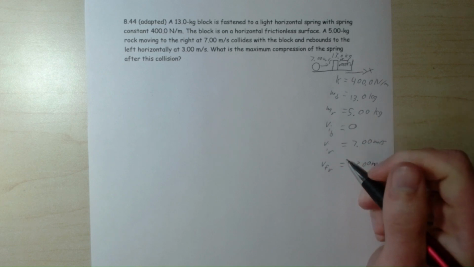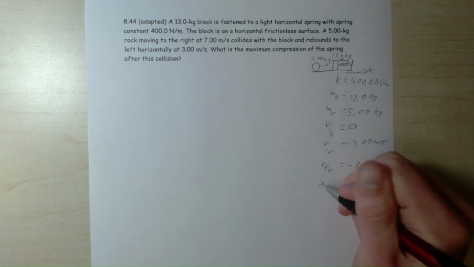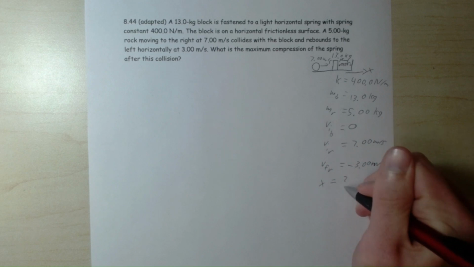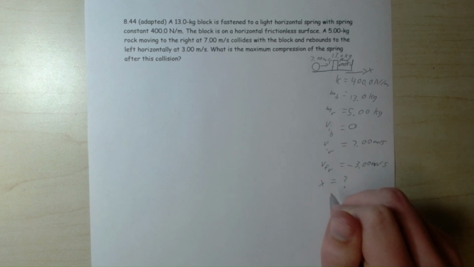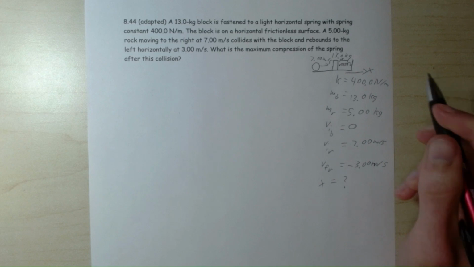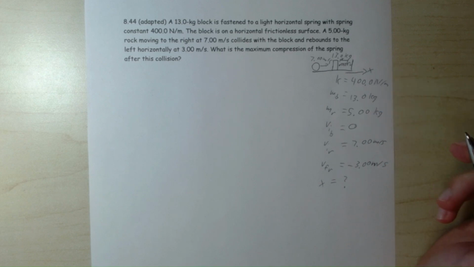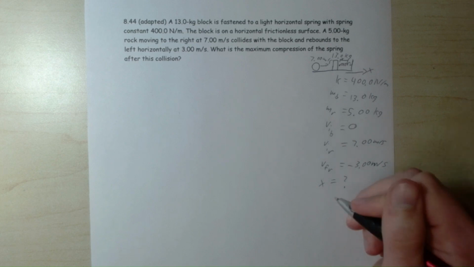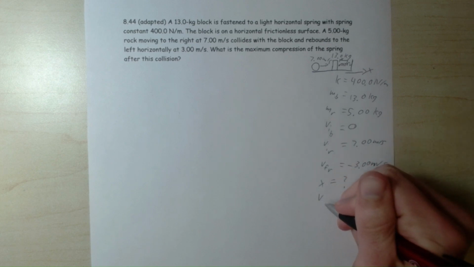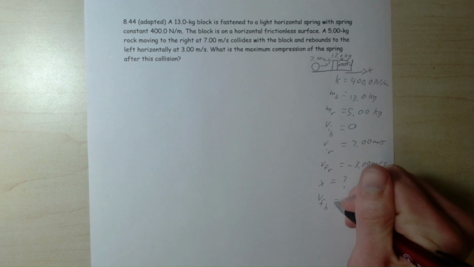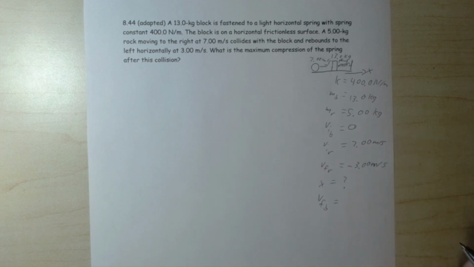And then our x distance is what we want to know. And yes, there's no mass of the spring. The VF of the block is some unknown value, but we're going to need to find that in order to complete this problem.